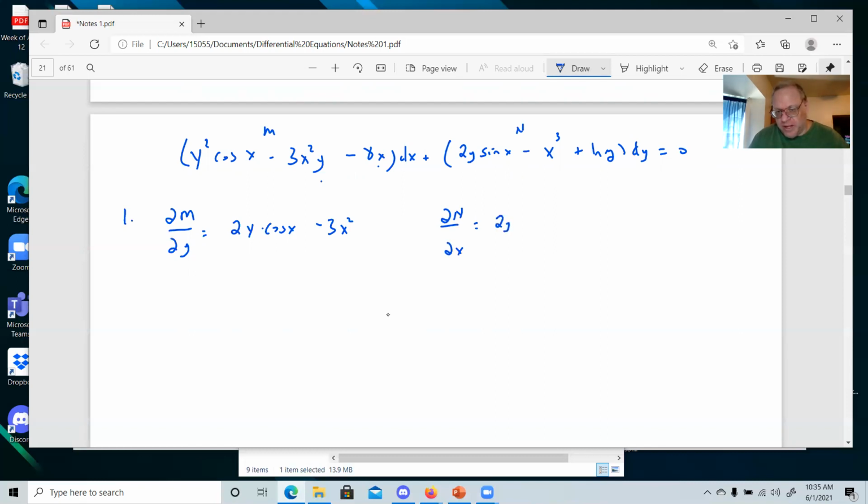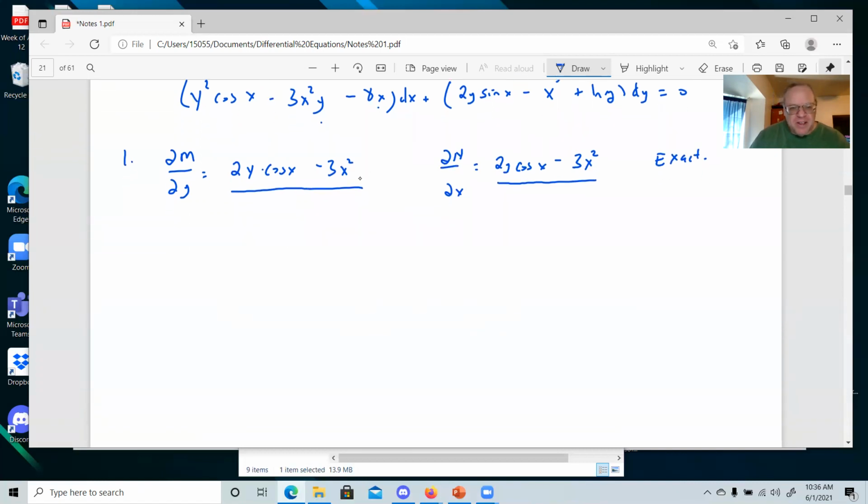So we have 2y cosine x minus 3x squared, because we're taking the derivative with respect to x. The derivative of x cubed is 3x squared. And then this natural log is just with y's in it, so that's 0. So we look and say, hey, look at that, they're exact. You're good to go to solve this problem.